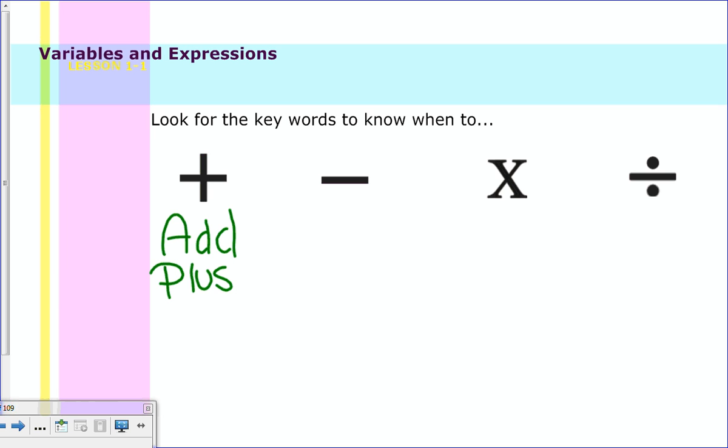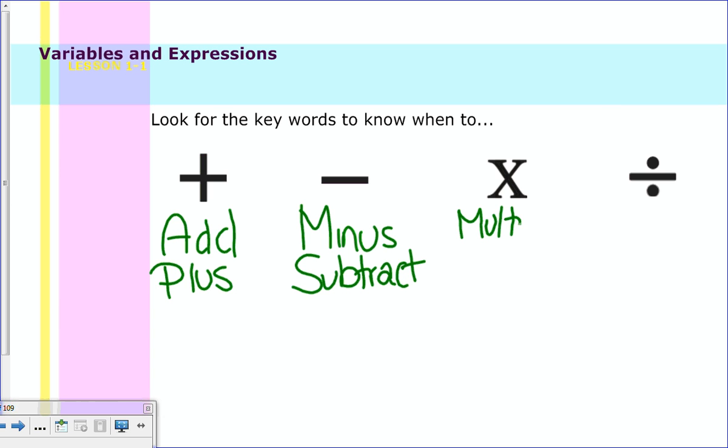All right, so there's add, plus, and there's plenty more. And in fact, I'm going to have you write as many as you can in a moment. Same with this one. I could say minus. I could say subtract. For multiply, well, again, I could write multiply. And then for division, I could write divide.